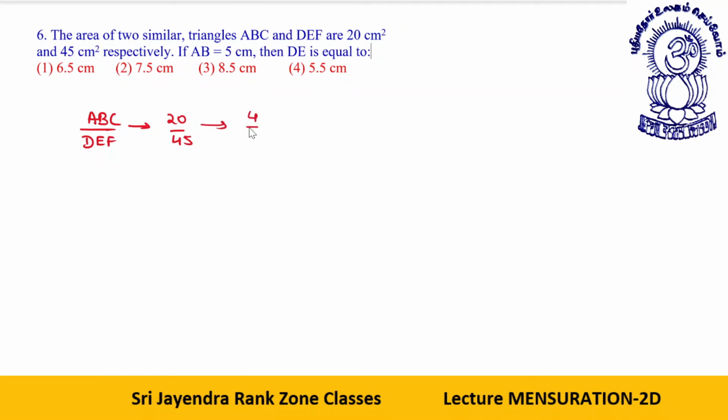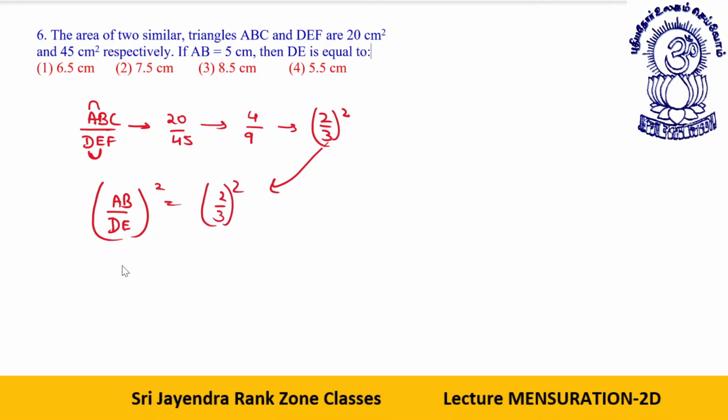This I can say as 4 by 9, or I can say directly 2 by 3 squared. This will be like AB and DE. If AB is given, then automatically it will be DE. That is AB by DE squared is equal to 2 by 3 squared. Therefore, AB by DE is equal to 2 by 3.